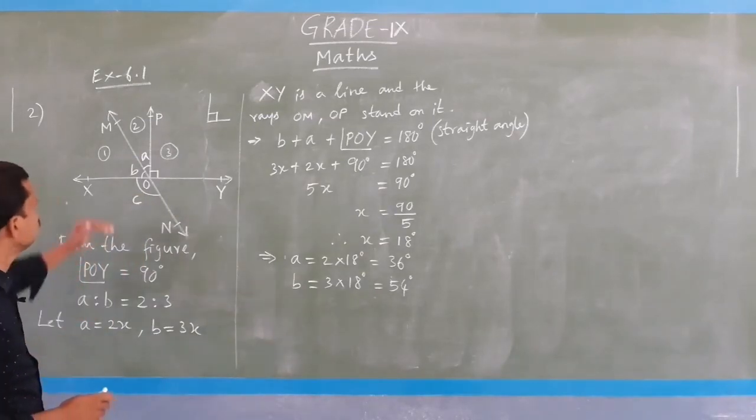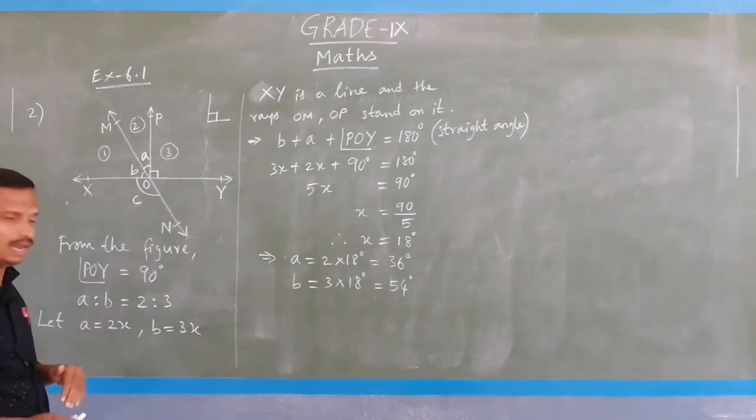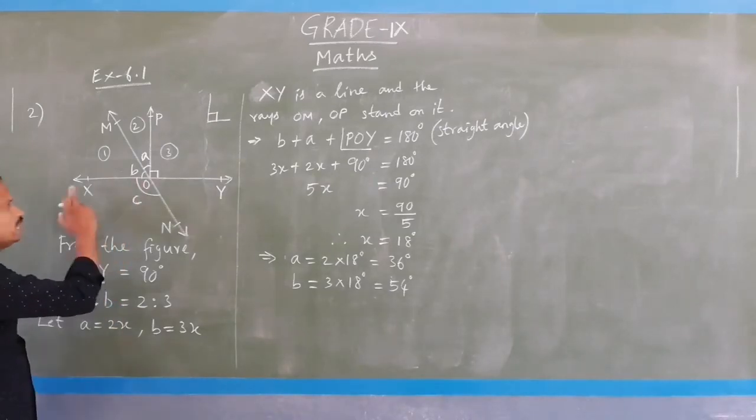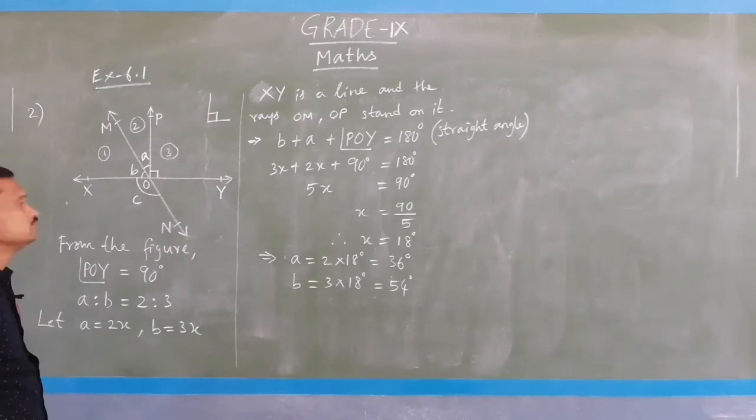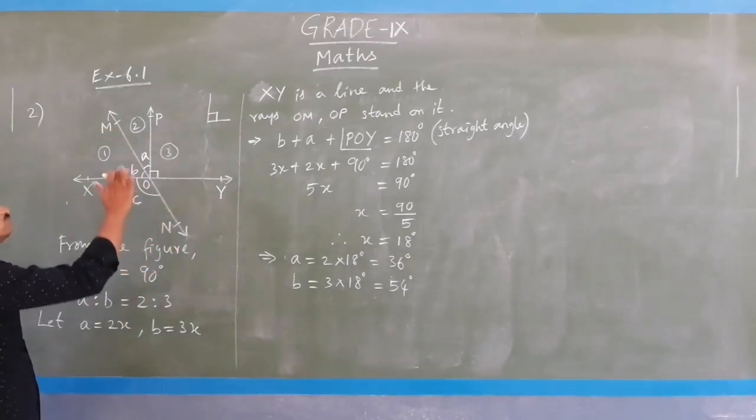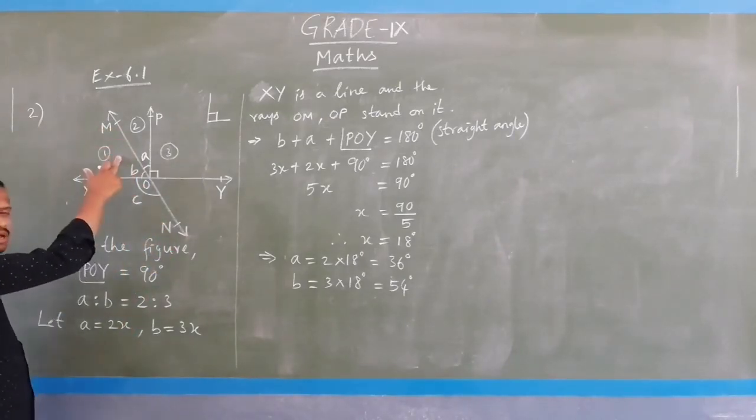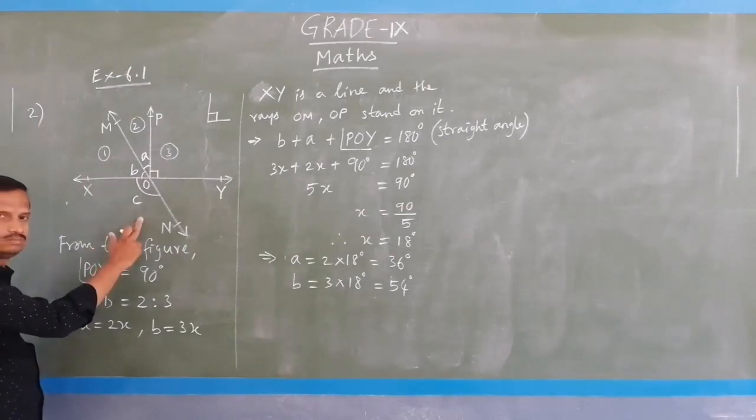So, now you take MN as the line and OX as the ray standing on the line MN, then the straight angle of MN is divided into two parts. One is B, another one is C. Have you understood? Okay, is it clear?